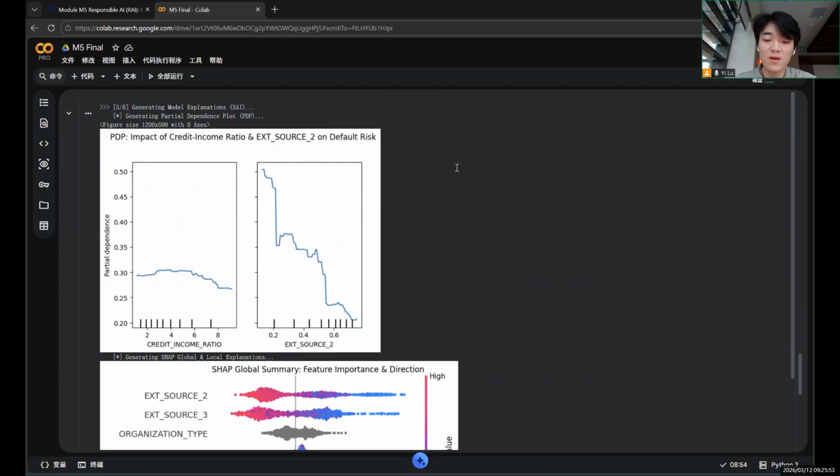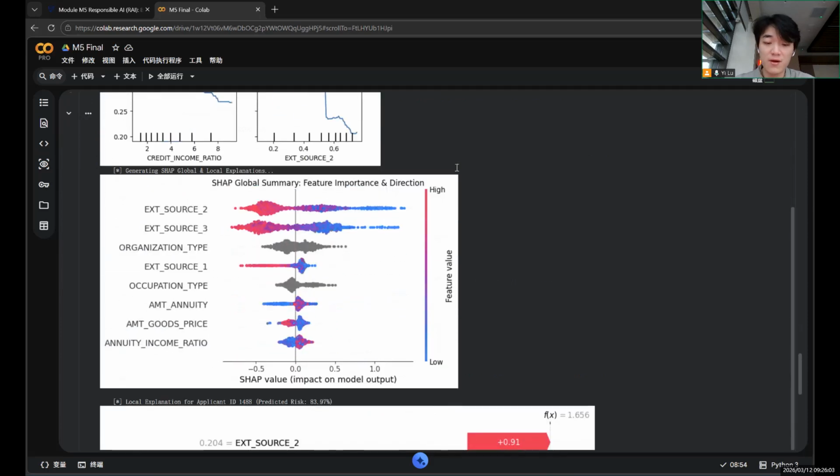The SHAP global summary plot revealed the overall hierarchy of our data. It shows that external credit bureau scores, specifically EXT_SOURCE_2, were the strongest drivers of the model's predictions. The global interpretability proves to stakeholders that the algorithm is making decisions based on legitimate financial indicators, not spurious correlations.